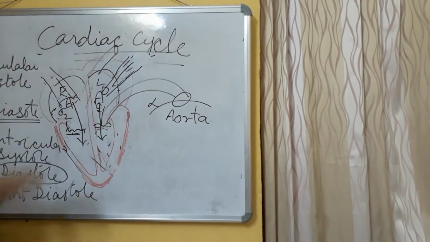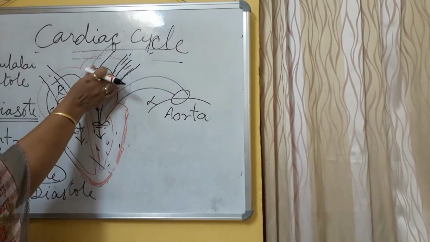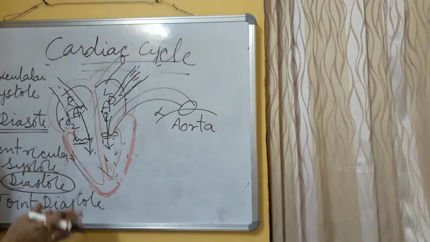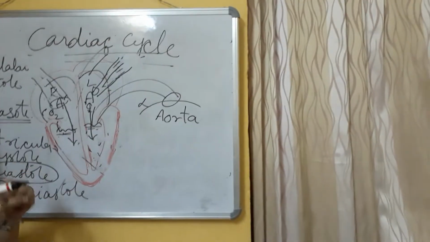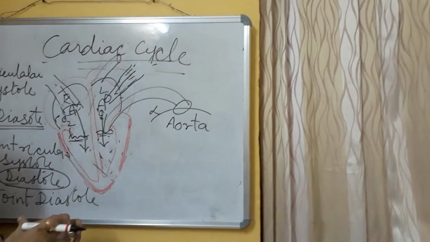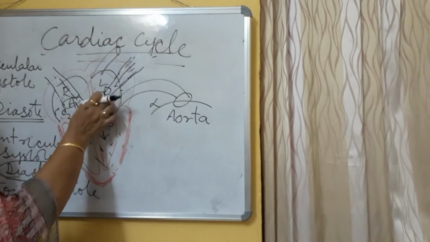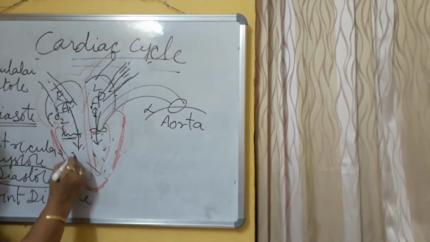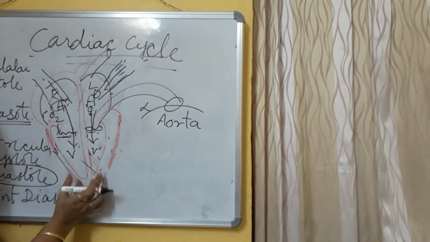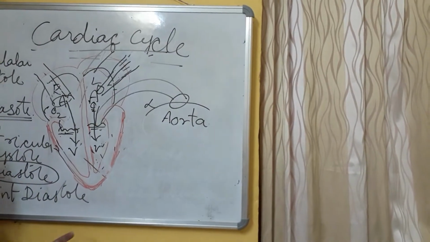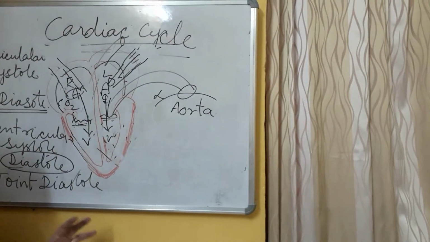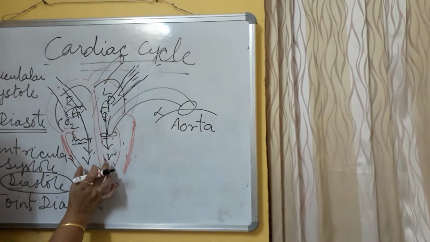Immediately the auricles go into systolic condition, which means they contract. Contracting means the balls are becoming compressed like that. Then the blood is coming into the ventricles, and the ventricles at that time are in relaxing condition. Relaxing means no pressure, nothing, just an open condition. So these two are receiving.